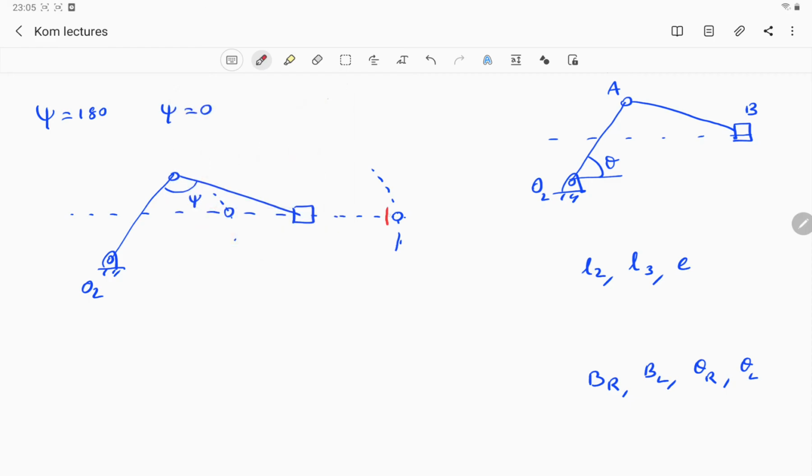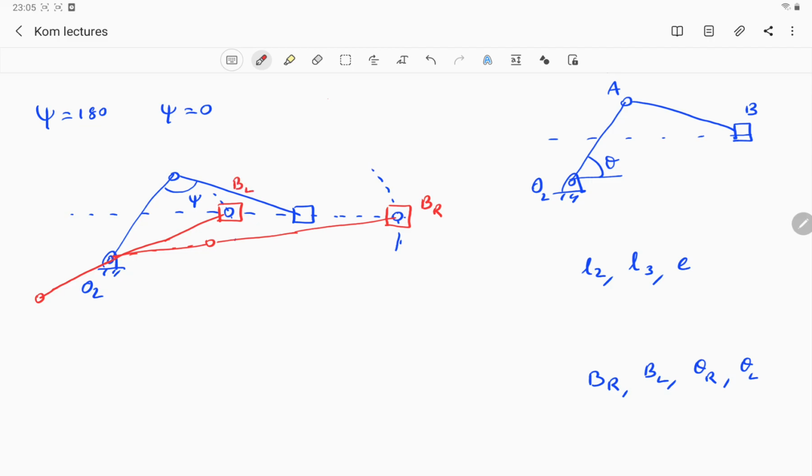One is here, so at that time it's going to be something like this, and the other is going to be like this. So this is BR and that's BL.